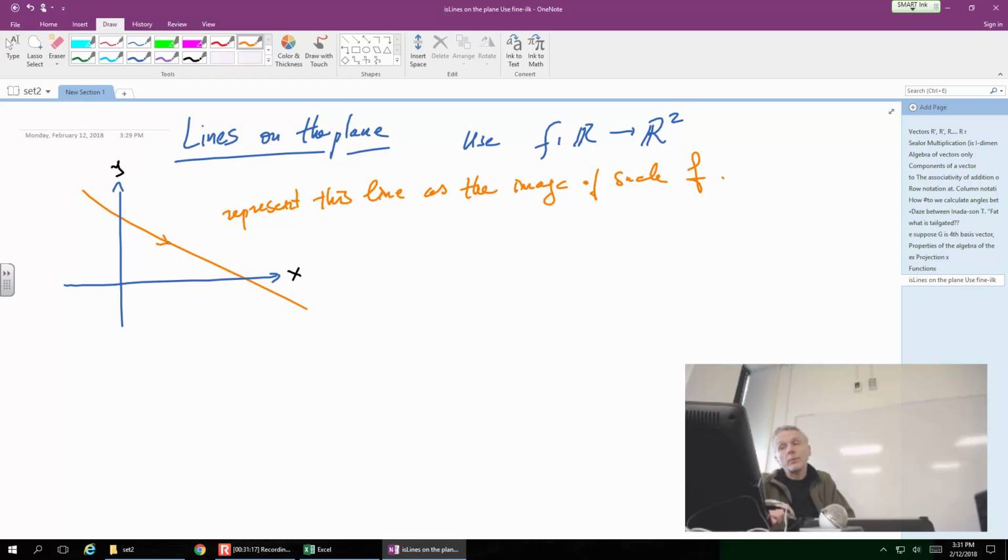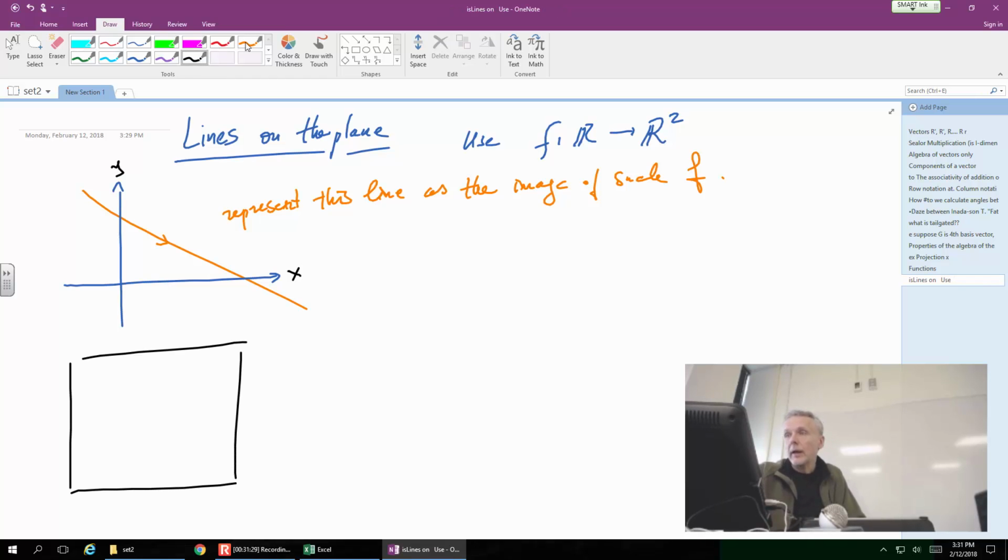If you go back to Euclidean geometry, the original geometry of Euclid, then a line on a plane, forget about the Cartesian system, you have a piece of paper and you have a line. The line is determined by 2 points. Any 2 distinct points give you a line. How does that help? It helps if we interpret the difference of the 2 points as a vector.